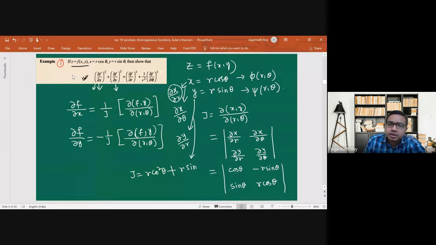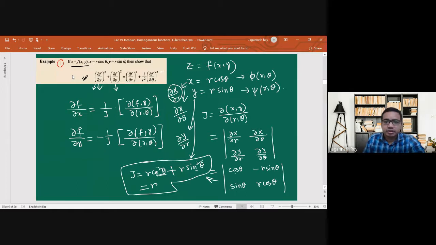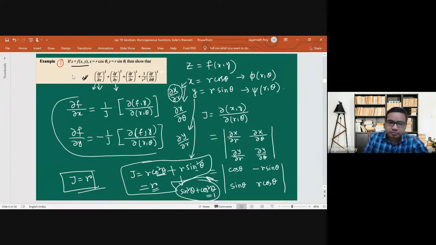Minus and minus will get plus. So J equals r. That is our observation, since from here we get sin square theta plus cos square theta equals 1. So this becomes r. Okay, now we have to calculate this one. So let us try to calculate.